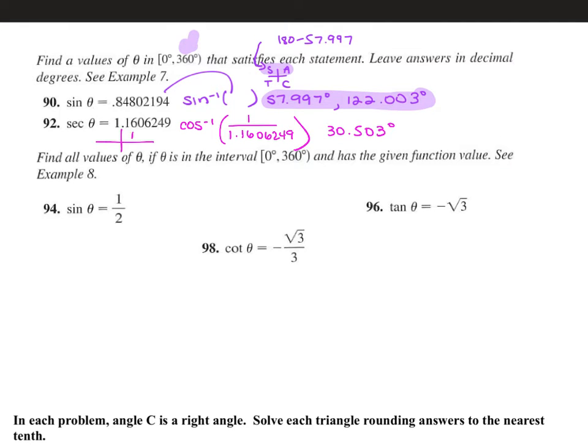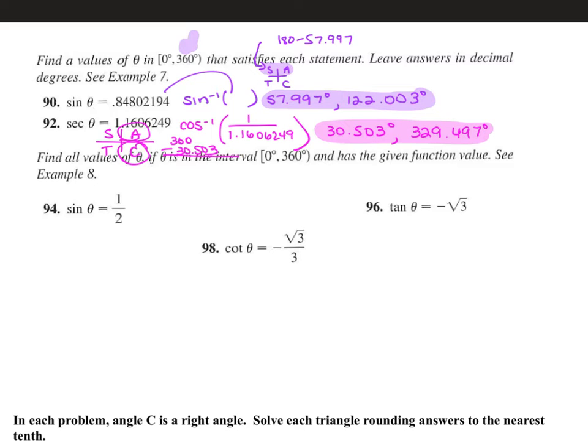Cosine is positive in the first quadrant, which is where we're at, and in the fourth quadrant. So I would do 360 minus that angle to get the second angle, which is 329.497 degrees.